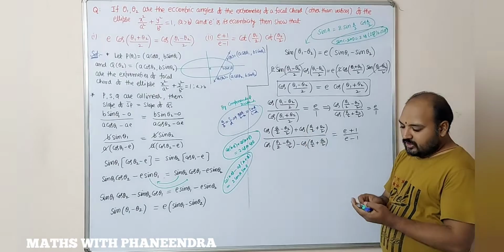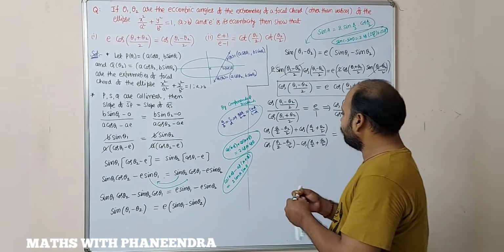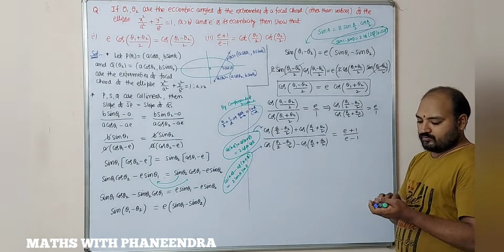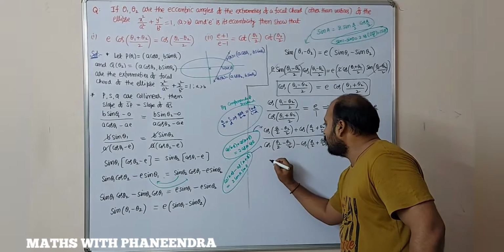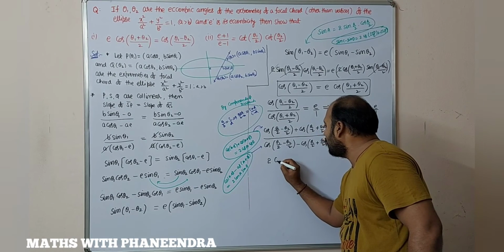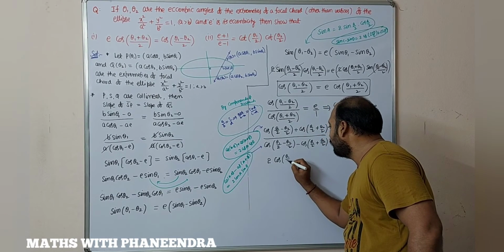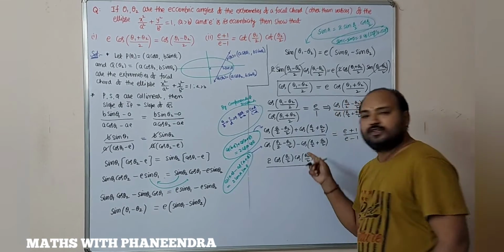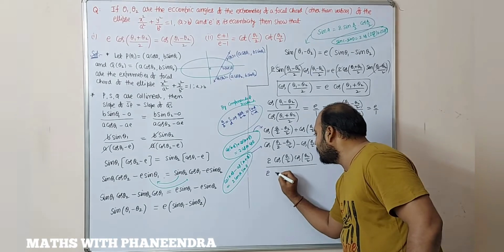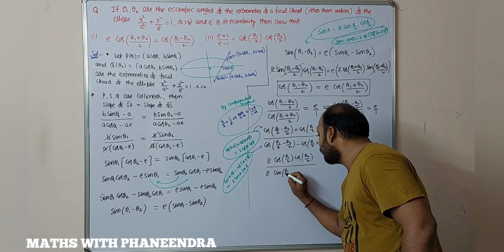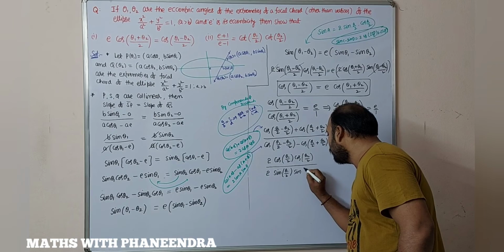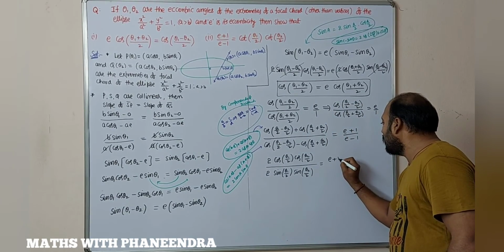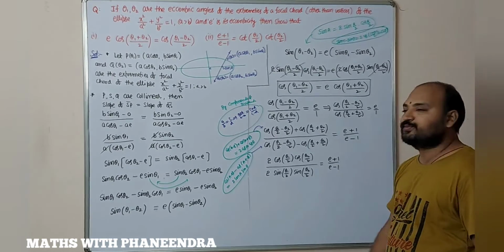So the numerator will become 2 times cos theta 1 by 2 into cos theta 2 by 2, divided by the denominator 2 sin theta 1 by 2 sin theta 2 by 2, is equal to (E plus 1) divided by (E minus 1).